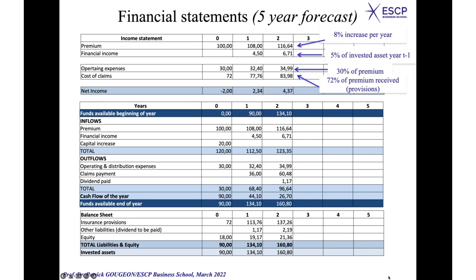You have collected 116.64 of premium. You have to anticipate an amount of claims to pay of 72% of that, which is 83.98. So I think there is no difficulty there for the income statement. Well, so now what about the cash flow?